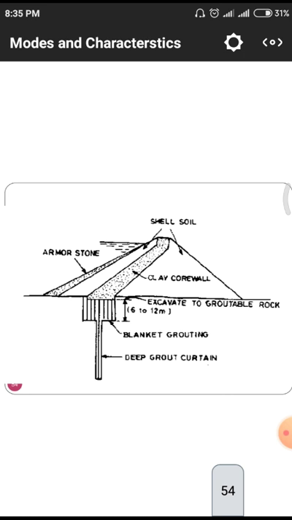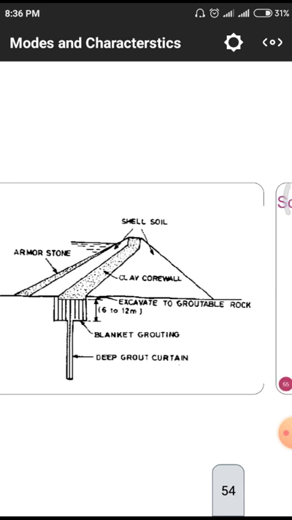Because if we construct with the total quantity of soil, the project will not be economical. To reduce the cost, they go for filling with this clay content, and on the top surface they go for this arrangement of rocks. Below also we have a blanket grouting and a deep grout curtain, so that those grout curtains will not allow water to flow.